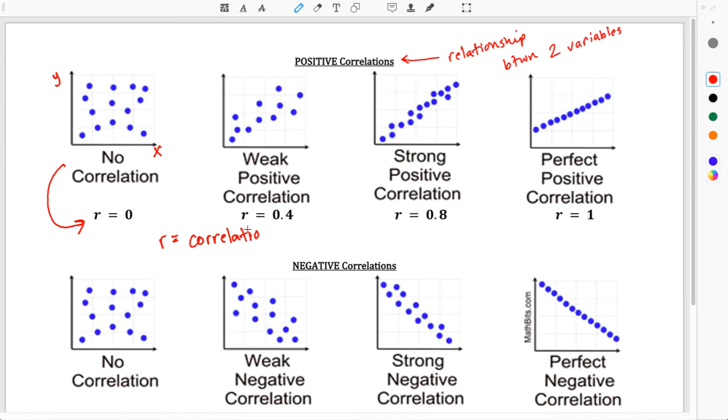The correlation coefficient. So like that one is 0, this one's 0.4, this one's 0.8, this is 1, right?